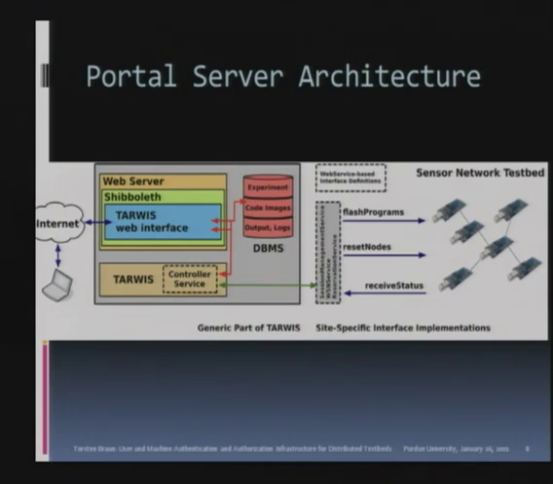Here is another picture of the portal server, which shows that some different software has been included. So this is basically the portal server interconnecting the wireless sensor network with the internet, and there you see a web server. We see a management interface, and also a software component called Shibboleth, and that's exactly this authentication and authorization infrastructure developed by the Internet2 Middleware Initiative.